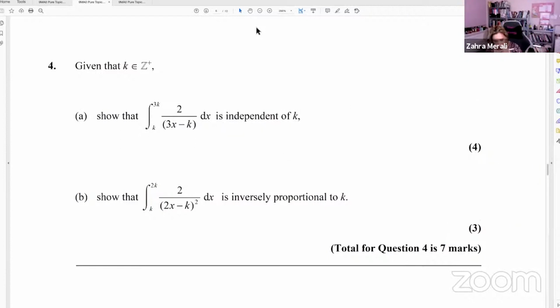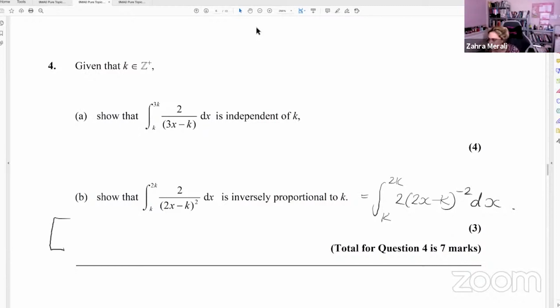For part B, we're going to show it's inversely proportional, so we do the same thing, but it's not lns, it's got a squared on the bottom. So this is actually the same as 2x minus k to the minus 2 dx. So we're going to add 1 to the power.